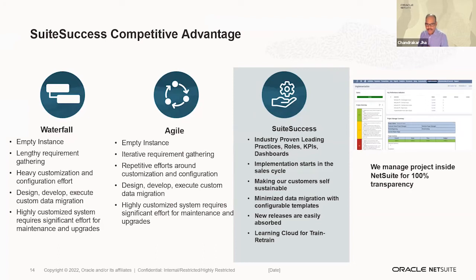Another important factor is that we bring full transparency during the implementation. So we don't have surprises during the UAT stages, for example. We make our project lifecycle very interactive, and our customer knows what's happening on a day-to-day basis. For example, every project is unique, so we manage our customer project inside NetSuite.